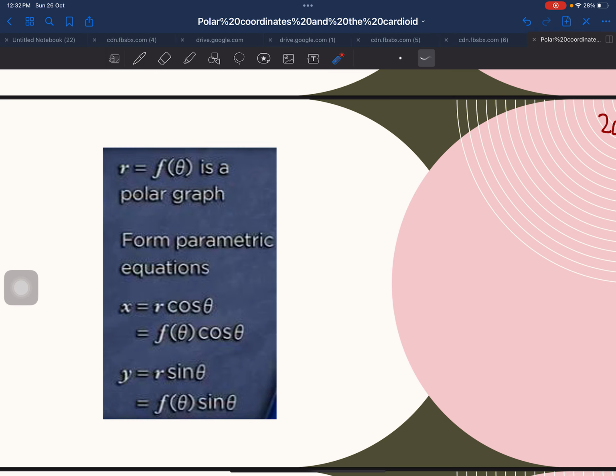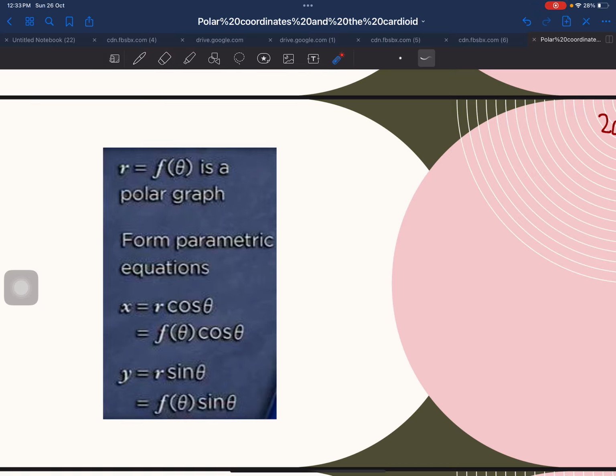So I have x and y in the parametric form, where theta is the parameter. Well, I know how to calculate derivatives with parametric equations. It's easy.